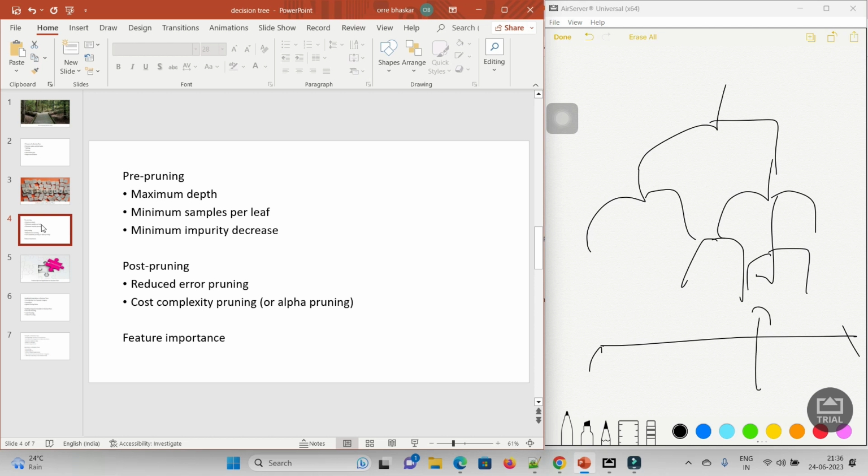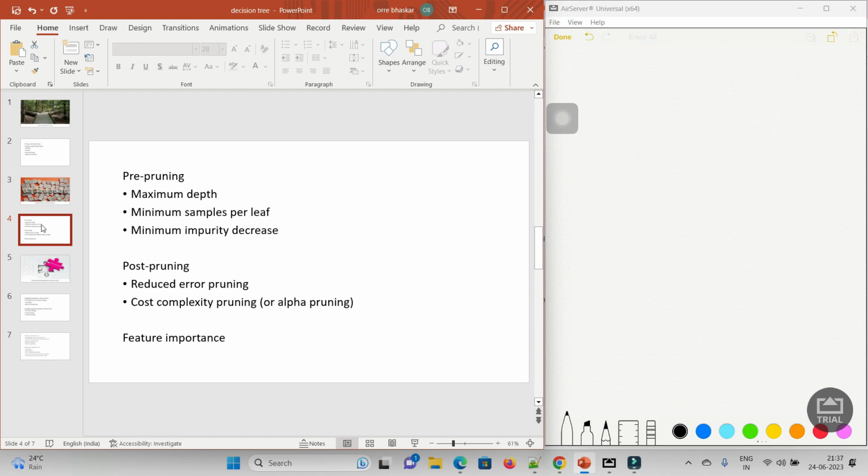There are different kinds of techniques. One technique is error-based pruning or reduced error pruning. That means starting from the decision tree, each subtree is replaced with a leaf node if removing the subtree does not significantly increase the error rate on a validation set.